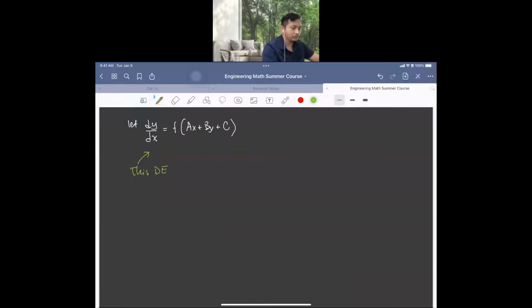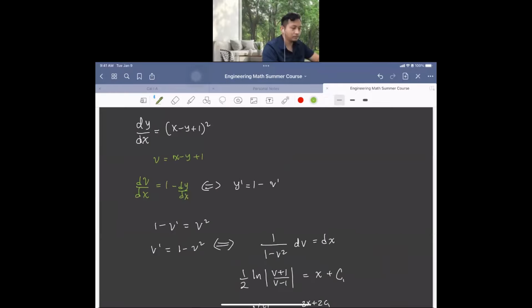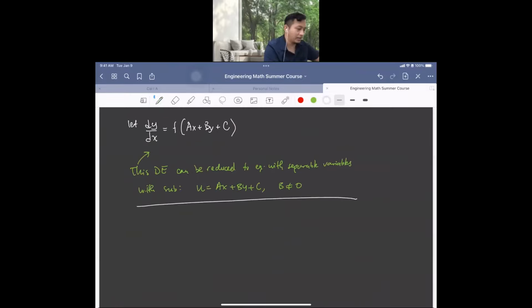This differential equation can be reduced to an equation with separable variables with the substitution u equals ax plus by plus c, where b is not 0. This is actually the example that I have given you here. But let me give you the idea and another example to follow.